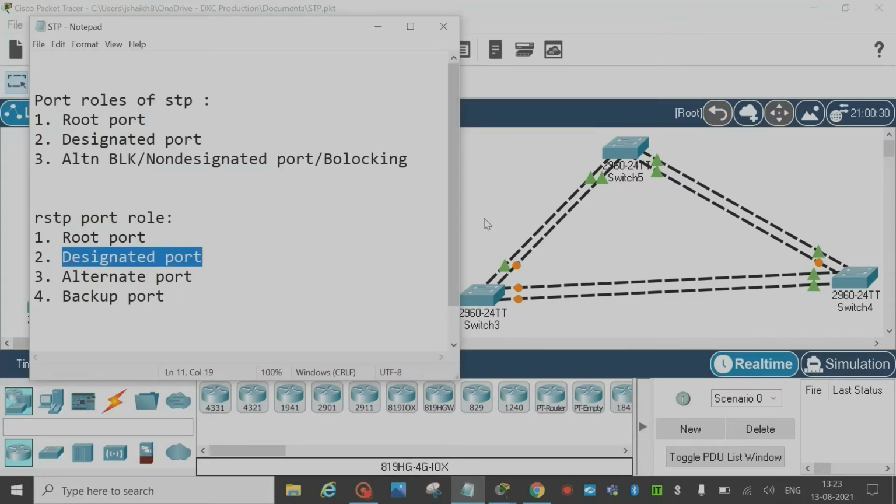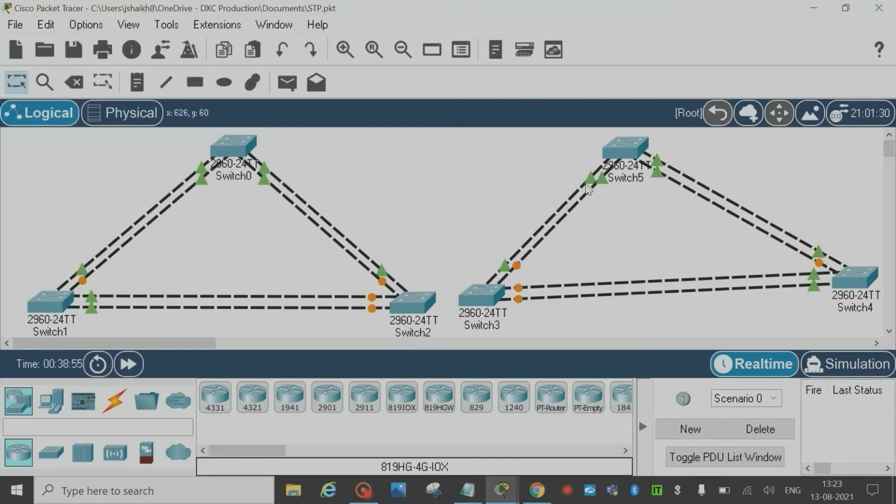Designated port: all ports on the root switch, on this switch, are designated. And the ports for other network segments having the lowest cost to reach the root bridge, so these two and these all are designated ports.